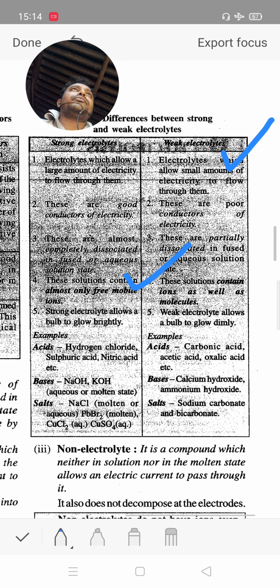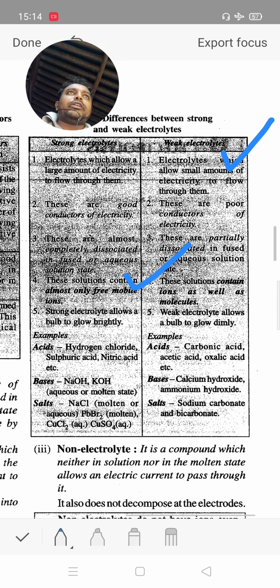Therefore, it is a poor conductor of electricity, and it allows a small amount of electricity to flow through them.